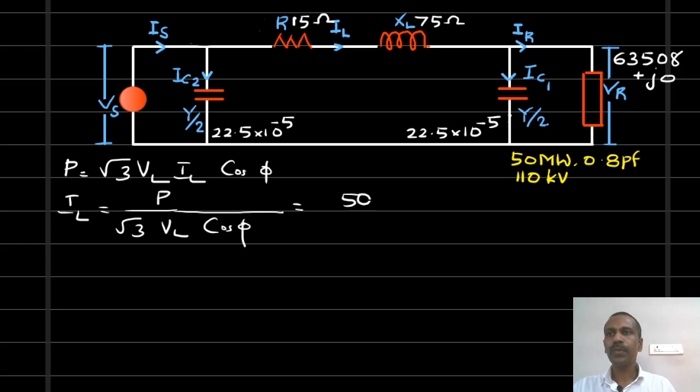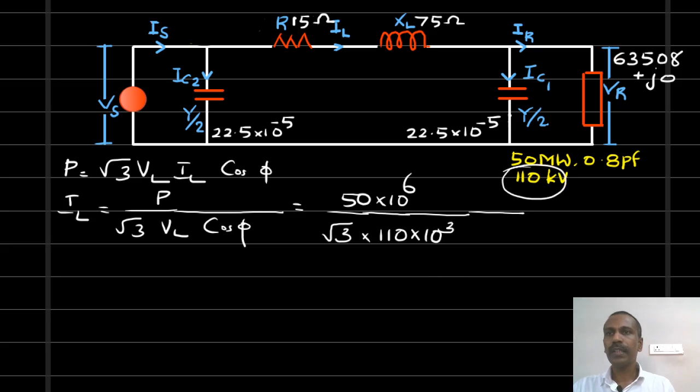It is equal to 50 into 10 raised to 6, because it is 50 megawatt, divided by root 3 into 110 kilovolt, 110 into 10 raised to 3 into cos phi is 0.8.